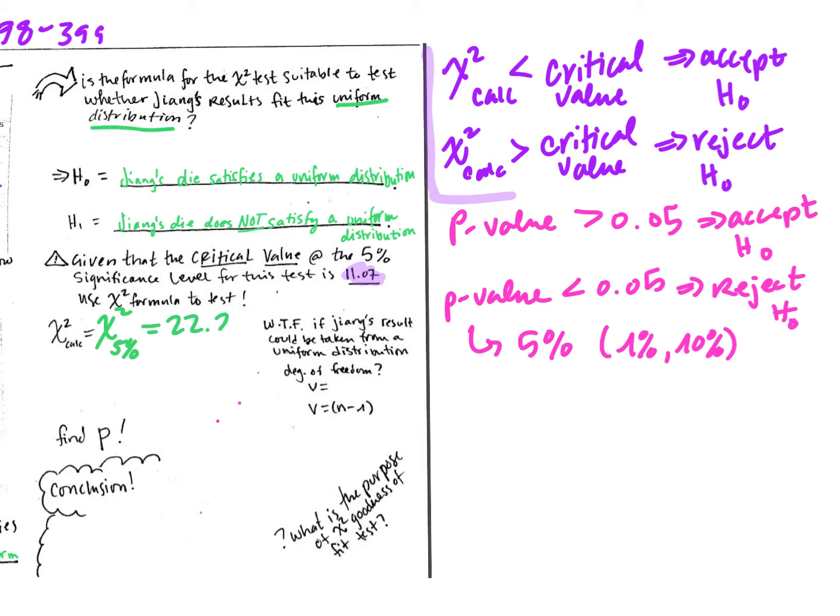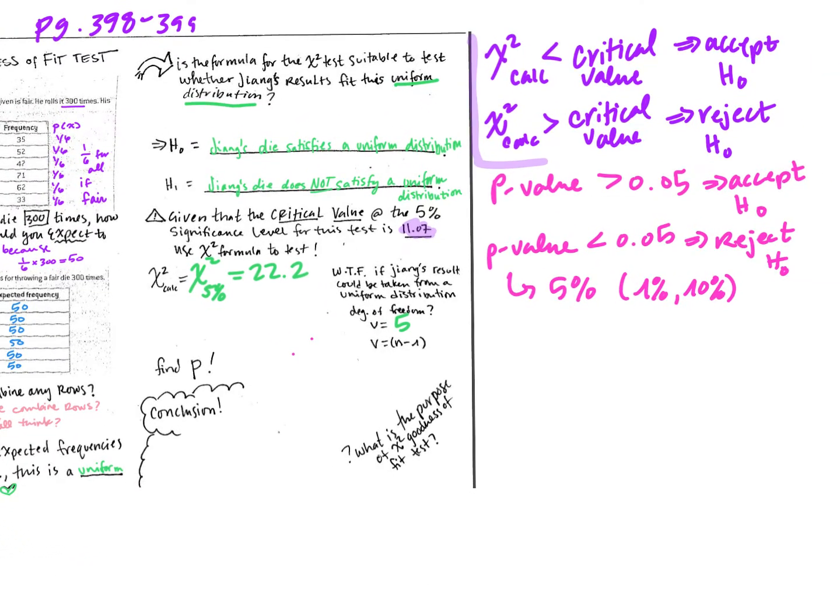So let's just round that to 22.2. Okay. And the degrees of freedom are 5 because it's the number of things minus 1 for this type of test.